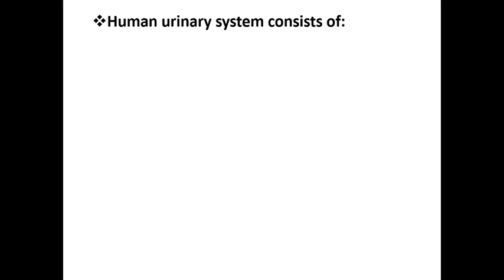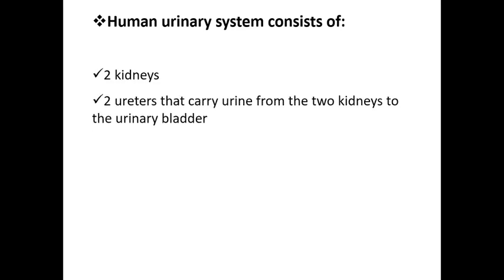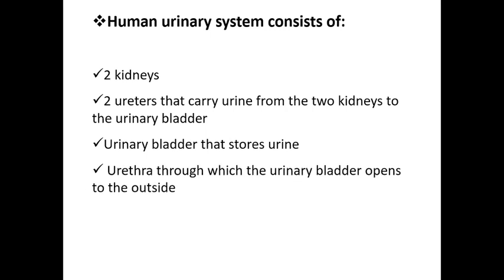First of all, we'll see the parts of the human urinary system. The human urinary system consists of two kidneys, two ureters that carry urine from the two kidneys into the urinary bladder. Then we have the urinary bladder where the urine is stored, and then the urethra through which the urine in the urinary bladder comes to the outside.